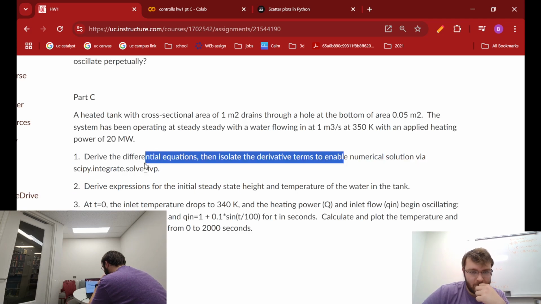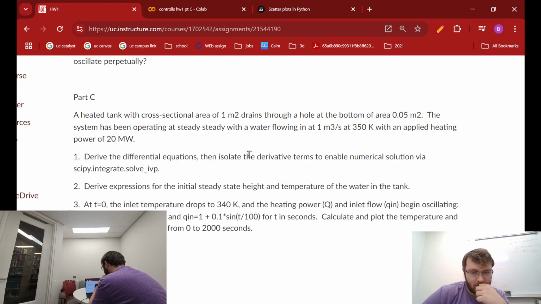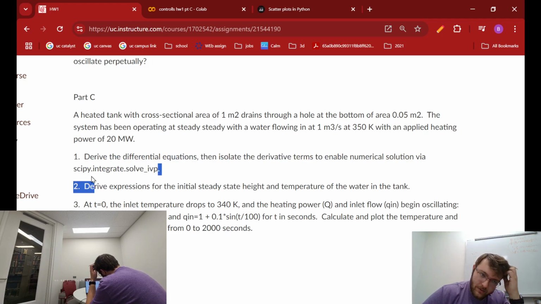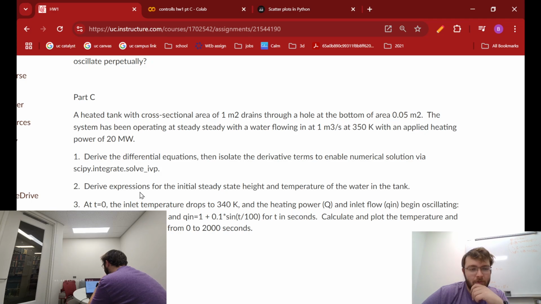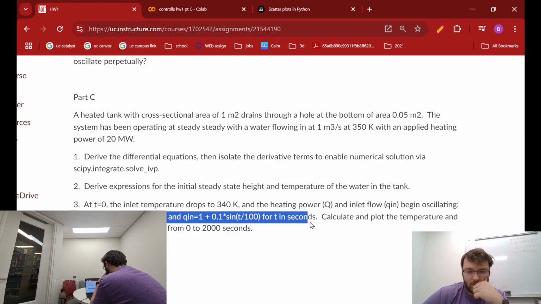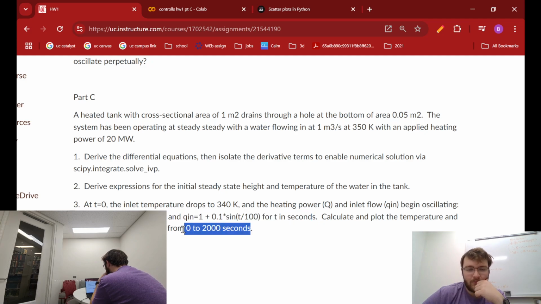Did this. Kind of. We need to use the integrate solve_ivp. Derive expressions for the initial steady state height and temperature, check. So we're just looking here, which I believe I'll need these two here in a second. And then we have a time of 2,000 seconds.